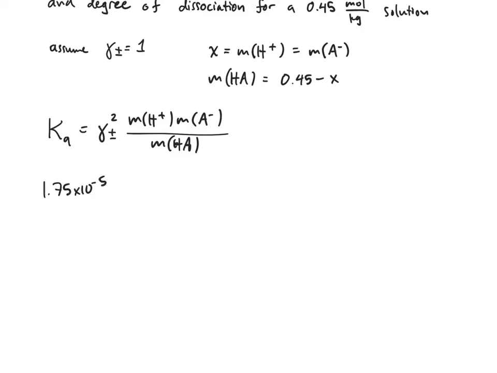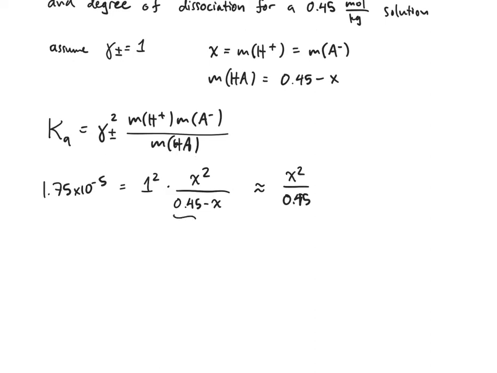I'm just going to be a little bit relaxed with units on this problem because it's just going to get too troublesome otherwise. I'll just need to be careful from this point forward. So this is going to equal just 1 squared, because I'm starting by assuming this gamma plus minus is 1, multiplied times x squared over 0.45 minus x. But this will approximately equal x squared over 0.45.